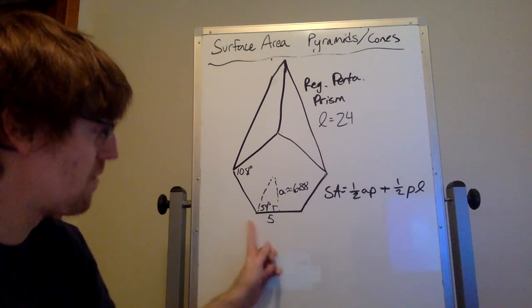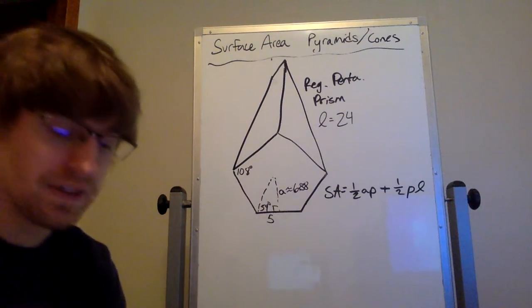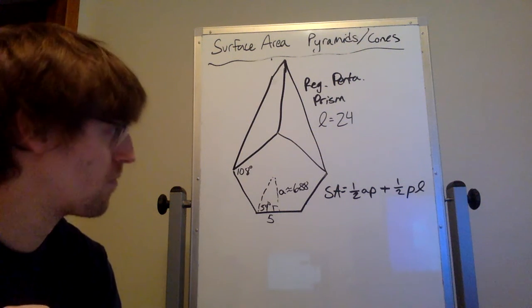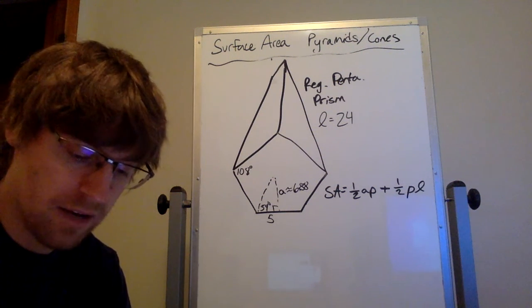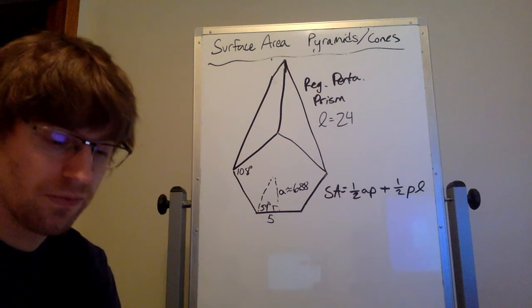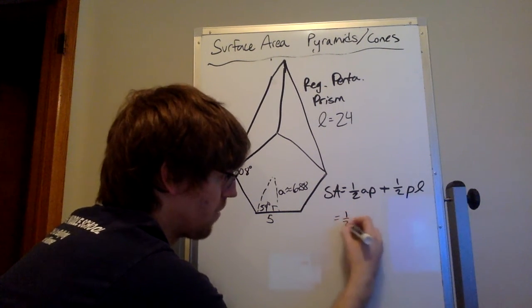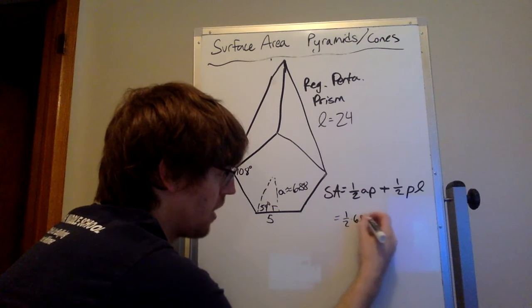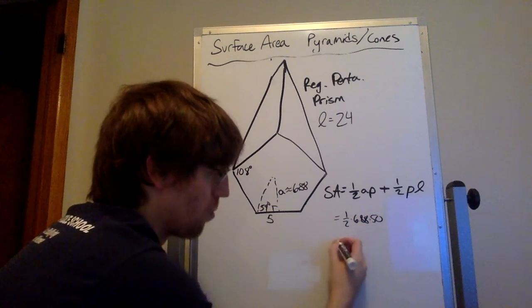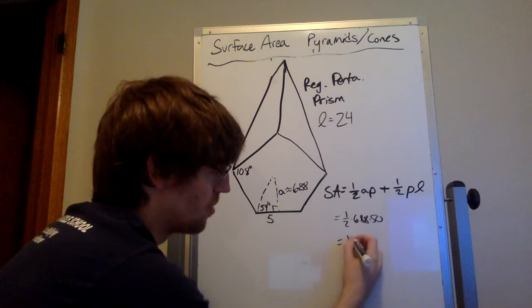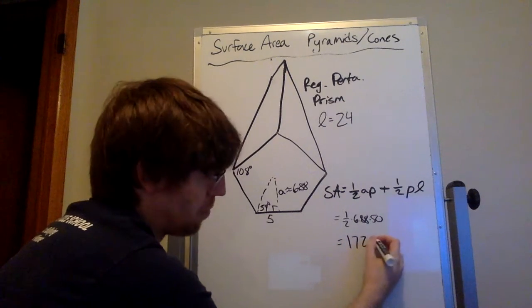If this is 5, that's 10. 10 times 5, perimeter is 50, times 1/2. So this is going to be 1/2 times 6.88 times 50, which I got 172.05.